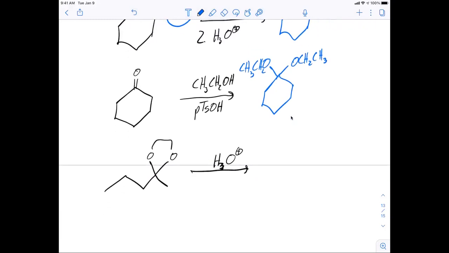And then the last step, we have a ketal, and then that ketal with acid and water is going to reverse and go back to the ketone. So this is a deprotection step. Questions about either of these?